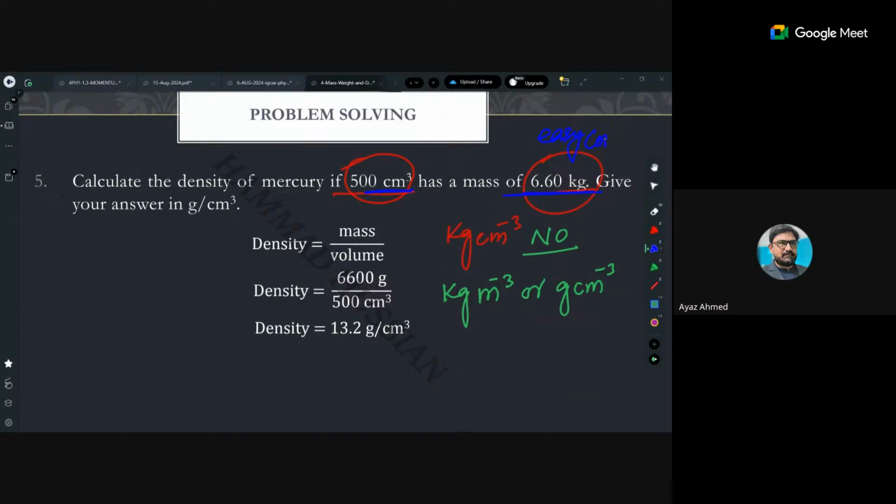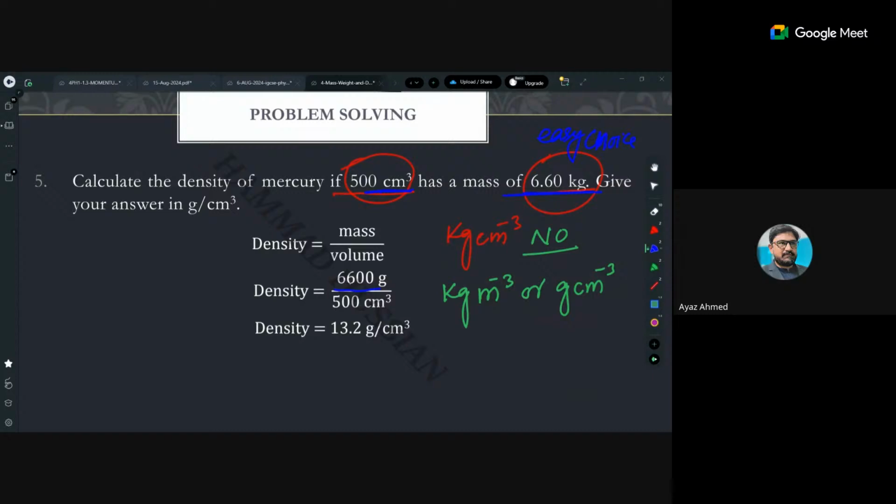What is the easy choice? The easy choice is that you have to convert kgs into what? Grams. Bigger bulb on. So you know how many grams are there in 6.6 kg? It will be multiplied by 1000 simply.